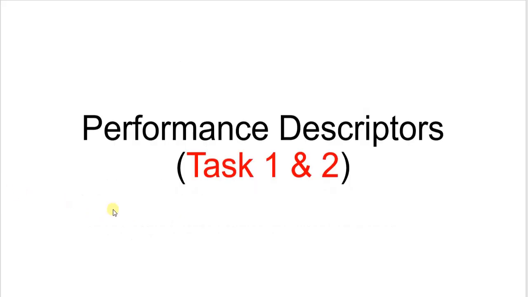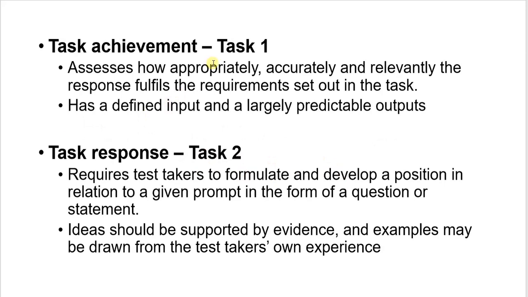Let's look at the performance descriptors for both task 1 and task 2. In task 1, you'll be assessed on task achievement. When we talk about task achievement, what do we mean? It assesses how appropriately, accurately, and relevantly the response fulfills the requirements set out in the task.